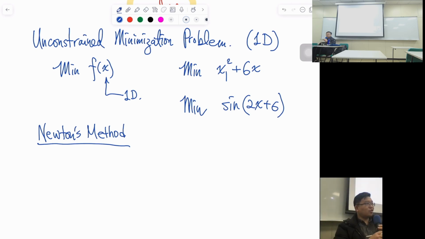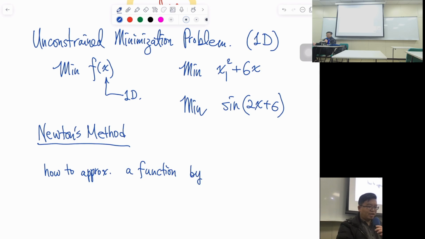Does anyone know how to approximate a function by a second order polynomial? There is a famous method to do that. Something you learned in calculus, to approximate a function by a second order polynomial.